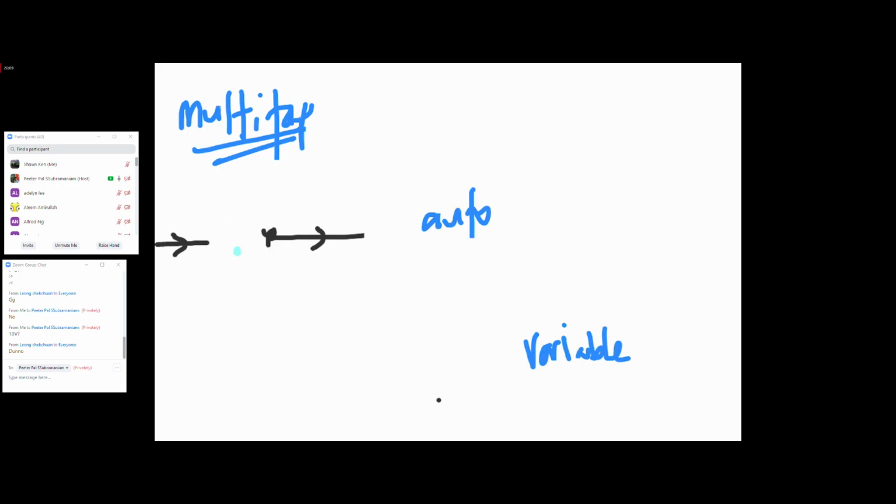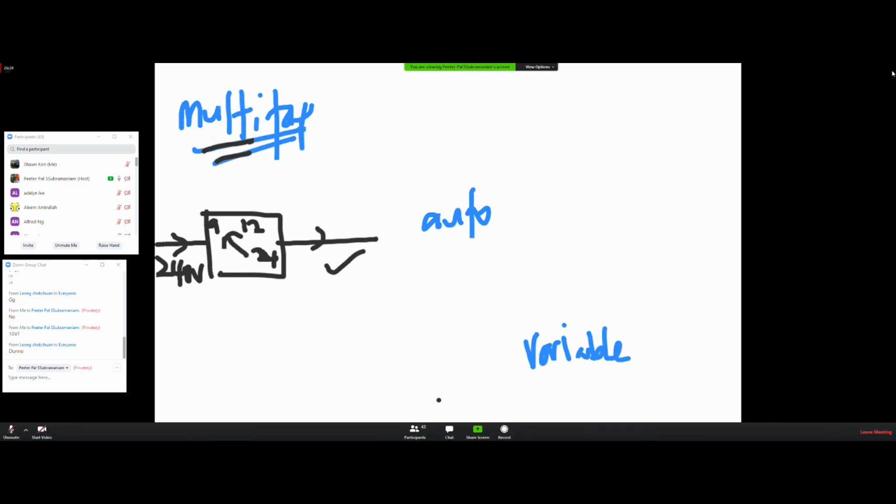Multi-tap is normally a step-down transformer because input is normally 240 volt. You can have 1 or 2 or 3 or 4 choices of output, and you can decide how many you want.